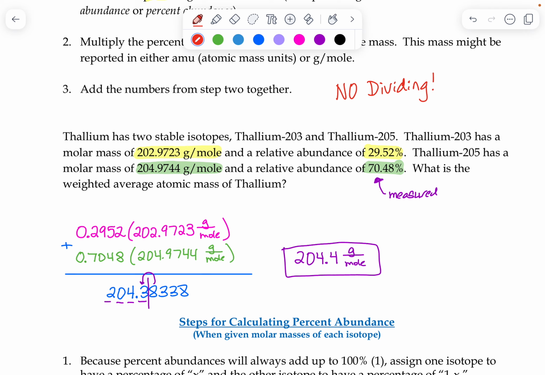So if you're adding 3 numbers together and then you divide by 3, you're making it 33%, 33%, 33%. You're making the percentages equal. Whereas when you do a weighted average, you multiply and you add, and it skews the average in favor of the more abundant isotope.